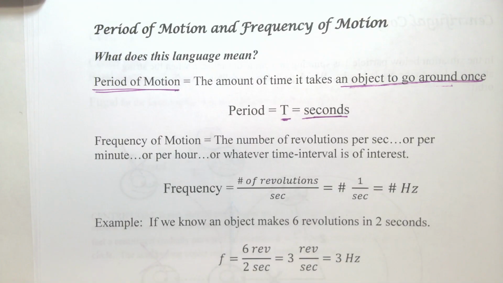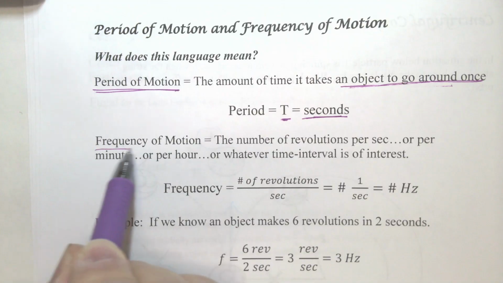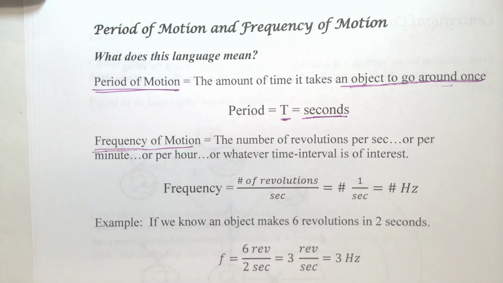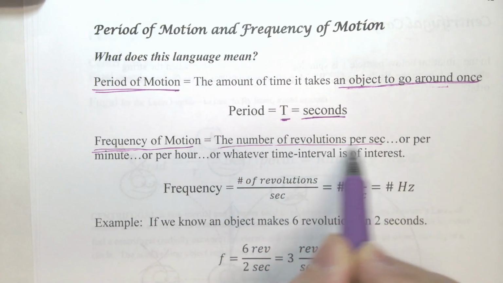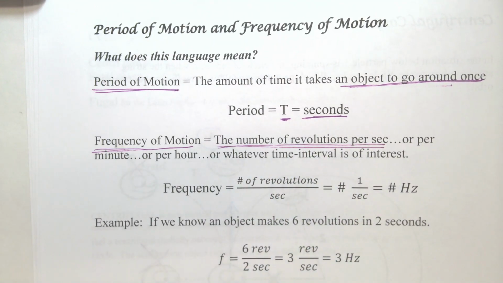Now the frequency of a motion is the reciprocal of the period, or the number of revolutions per second. So if it spins 2 revolutions in 1 second, your frequency will be 2 revolutions per second, right? It doesn't always have to be a complete revolution.